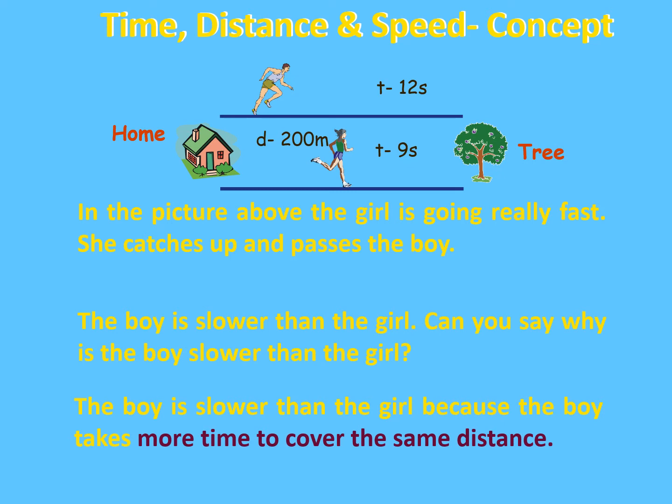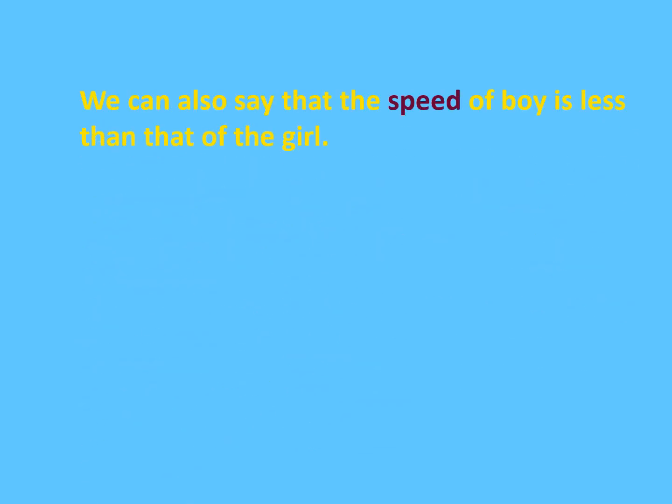The boy is slower than the girl because the boy takes more time to cover the same distance. We can also say that the speed of the boy is less than that of the girl.